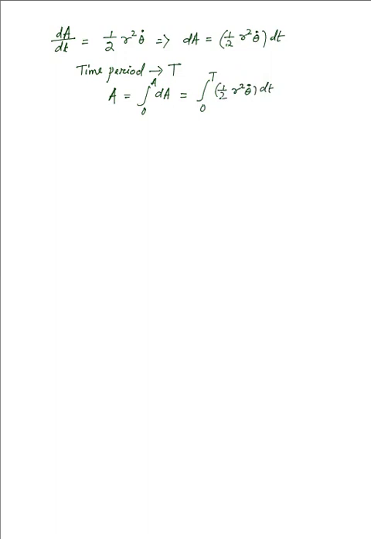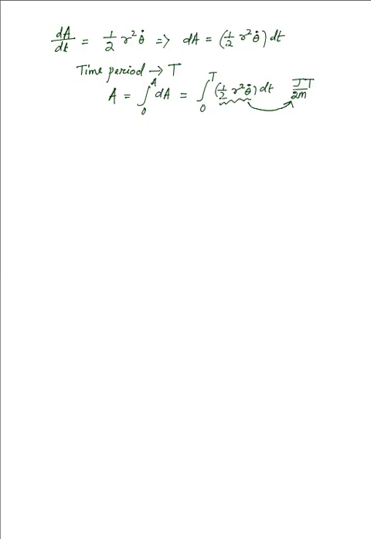And now because you know that this term is equal to j by 2m, we can bring in the j by 2m over here just to get out of that theta dot and the r squared term that comes up there. So to get out of that mess, we just use this constant term, and then we can integrate over dt from 0 to T to give us the complete time period T.